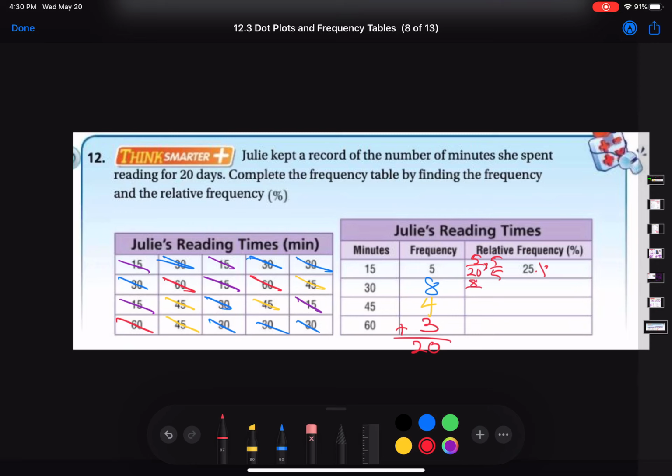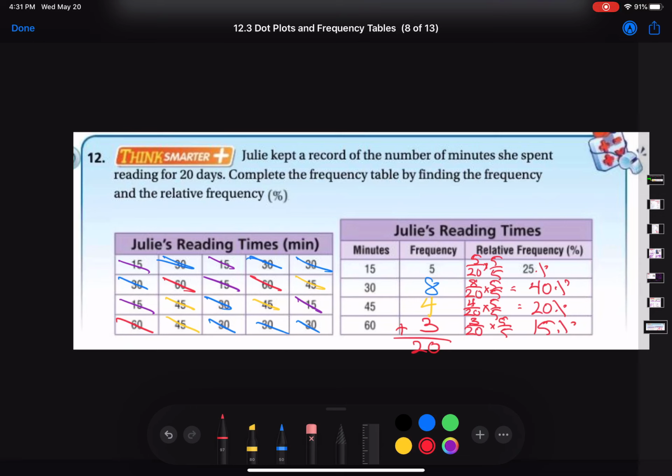Then you would do the same thing for 8 over 20, and you're going to multiply by 5, and you're going to get 40%. Then you're going to do the same thing for 4 over 20, multiply by 5, and you're going to get 20%. And then 3 over 20, multiply by 5, and you're going to get 15%. So, that's all there is to it.